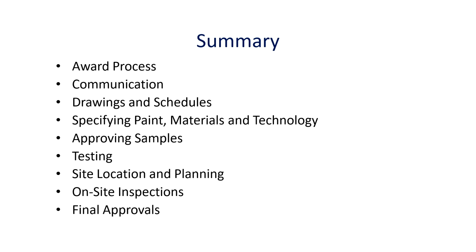We first went through how the award process takes place, why communication is important, what the drawings and scheduling are and how they have to be incorporated, then the paints, material and technology, then approving samples, how we approve certain samples, what testing has to be taken care of, and then on-site locations, what things we have to take care of, and then while doing the inspection, how the errors can be identified and modified and how to take the final approval.